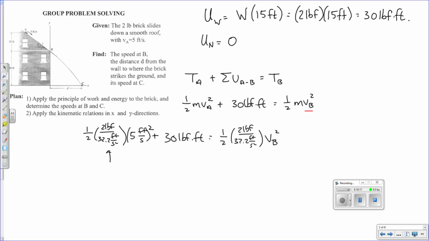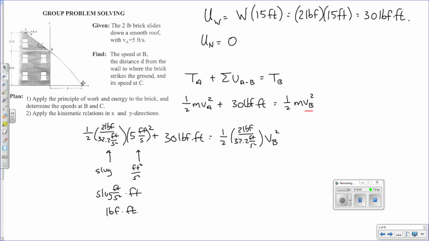The units in this term, pound force per feet second squared, is slugs. The units here are going to be feet squared per second squared. So when we have slug feet per second squared times feet, we're left with units of pound force foot.